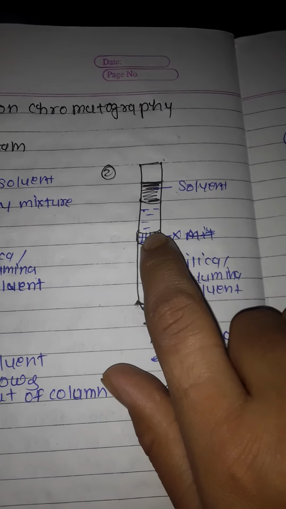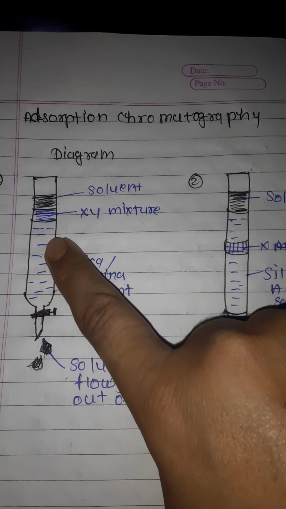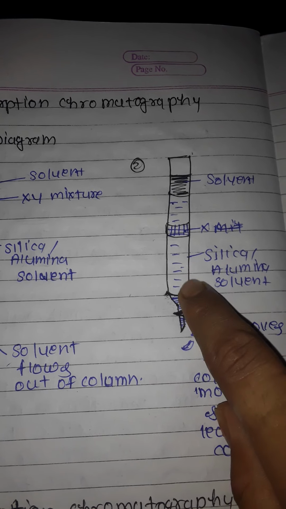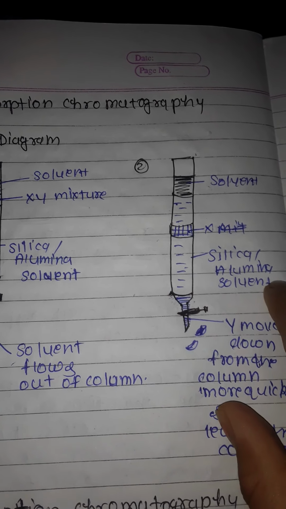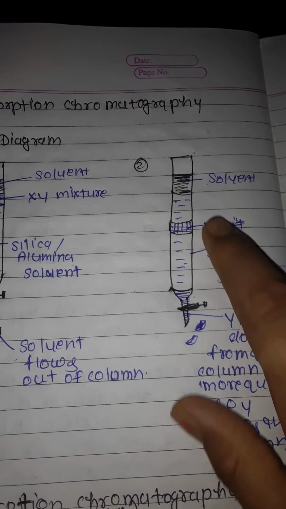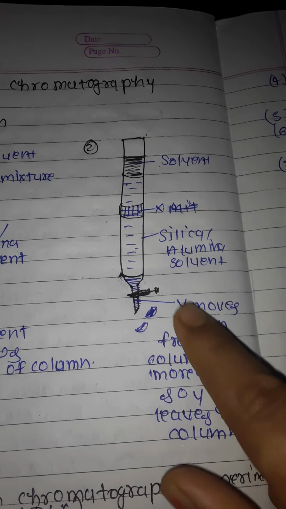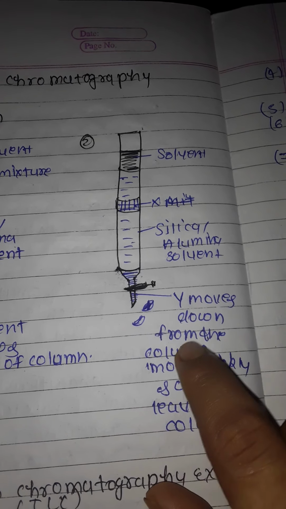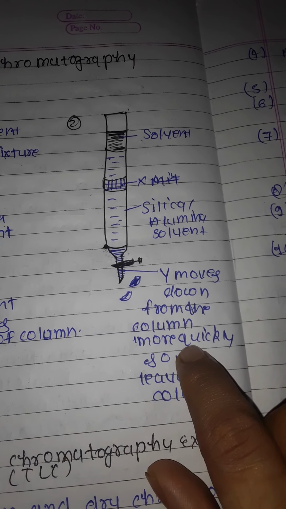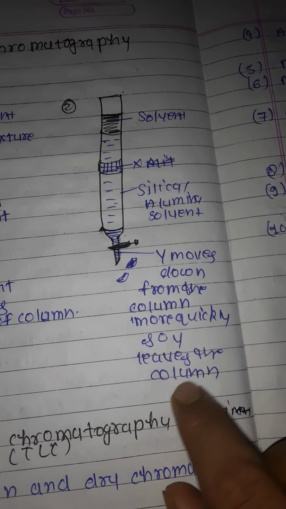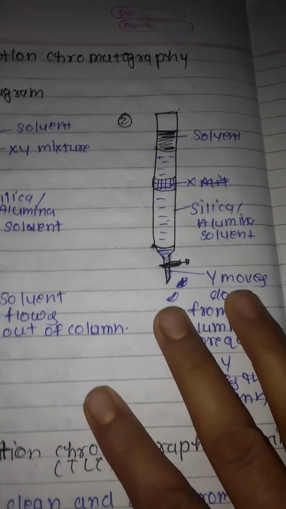When we mix the silica alumina and solvent, X and Y are separated. Why is Y separated from X? Because Y moves down the column more quickly, so Y leaves the column first.